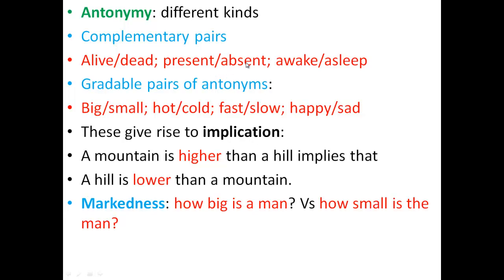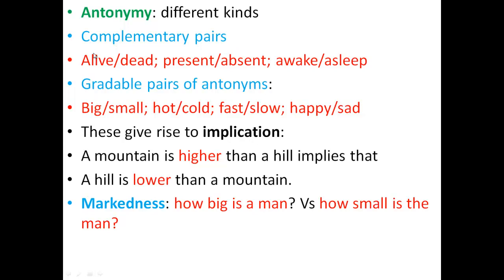So, in general, this is what happens in all the other complementary pairs. The assertion of the one leads automatically to the negation of the other, and the negation of the one leads automatically to the assertion of the other. Okay, this is how we can identify complementary pairs as a test.